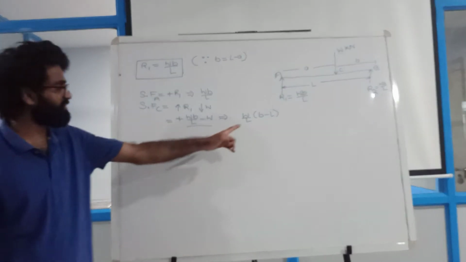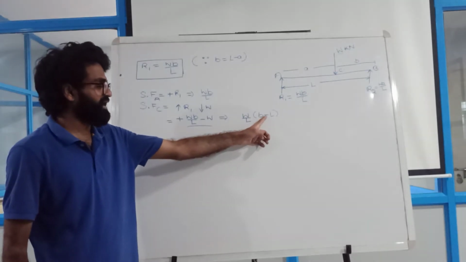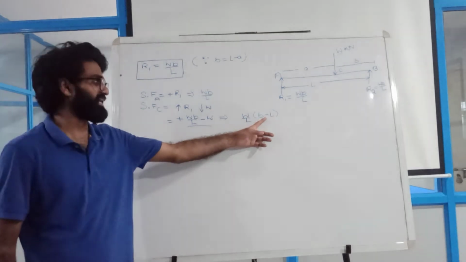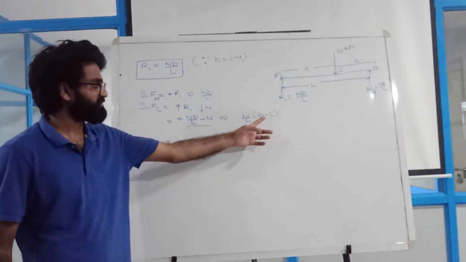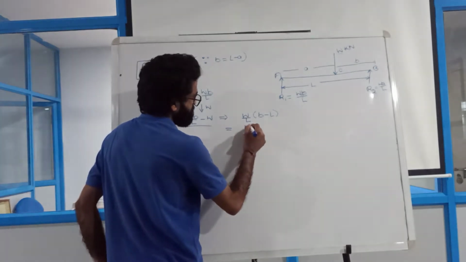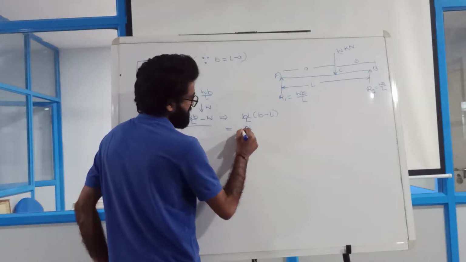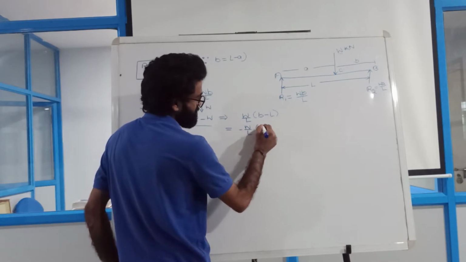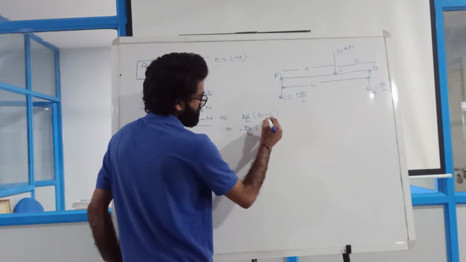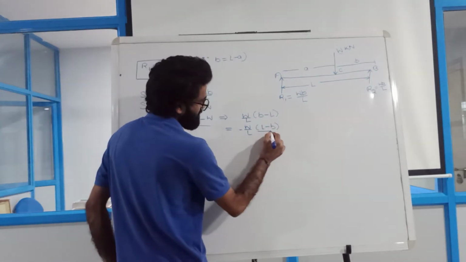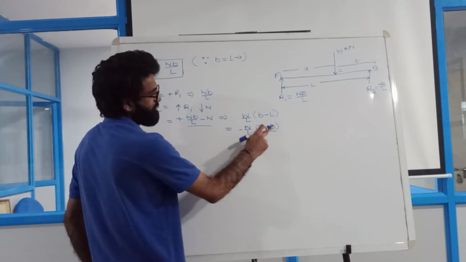This is coming as minus L, so if I take the common minus out, it becomes WL, and this minus becomes plus L, and this becomes minus B. So now I change my term into the form of L minus B.